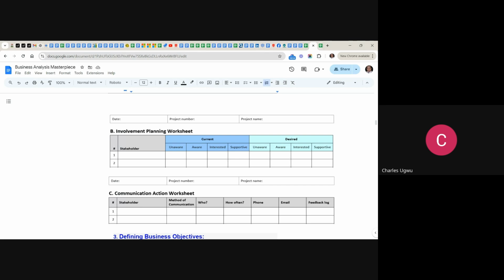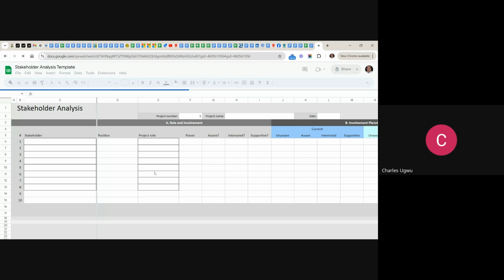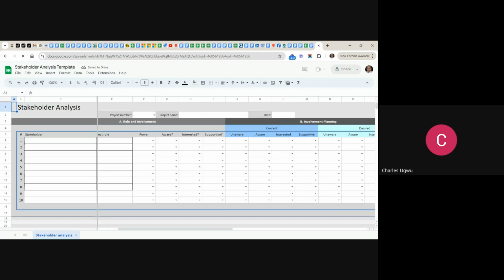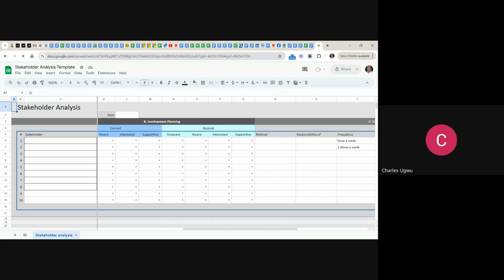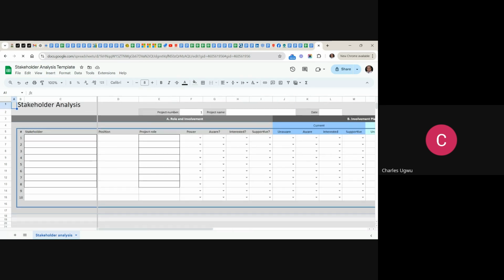We have it here. This particular document I captured here is the live document. That's the live document we can use to do our stakeholder analysis.